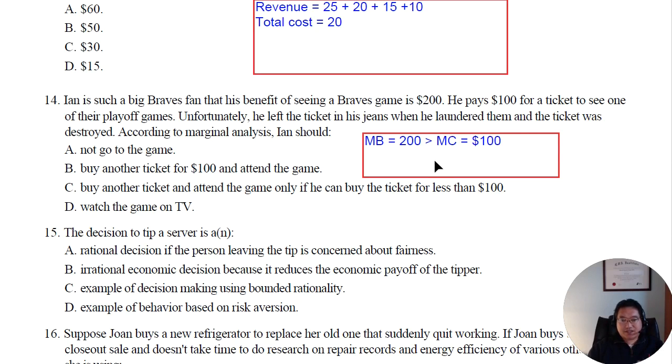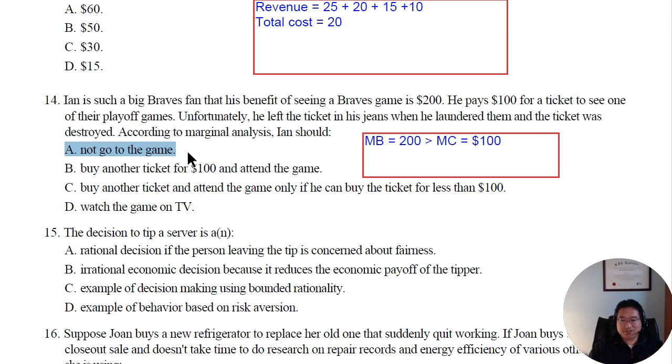That is a sunk cost, the $100 laundered ticket. And then his next step simply involves a decision whether he performs an action that brings in $200 in marginal benefit, and it only costs him $100. So he should do what? The problem is oftentimes we consider, oh, I just lost $100.